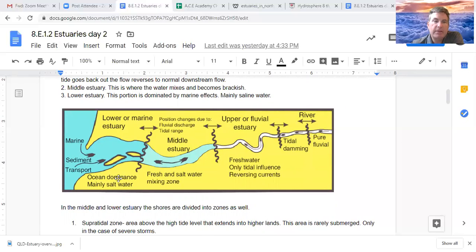Ocean dominance, mainly saltwater, which is saline, 30.01 parts per thousand and up of salt. Just remember over on this side you have riverine, which would be the characteristics of a river.